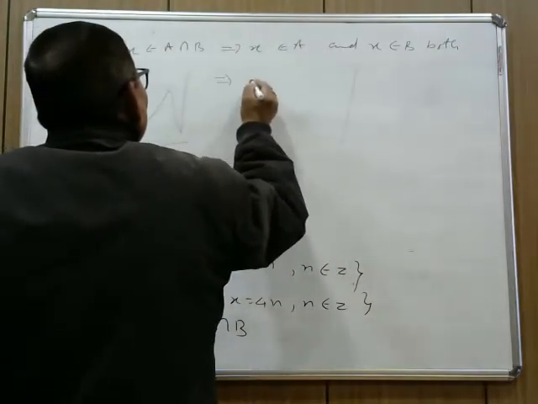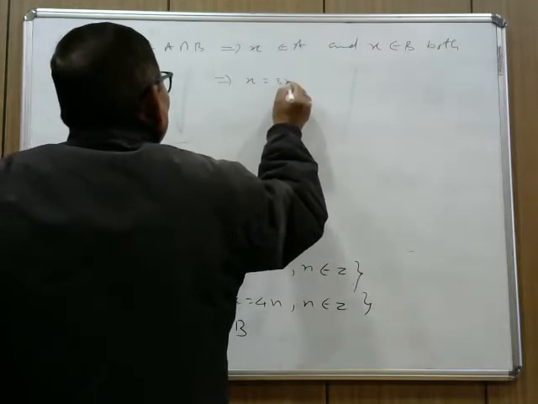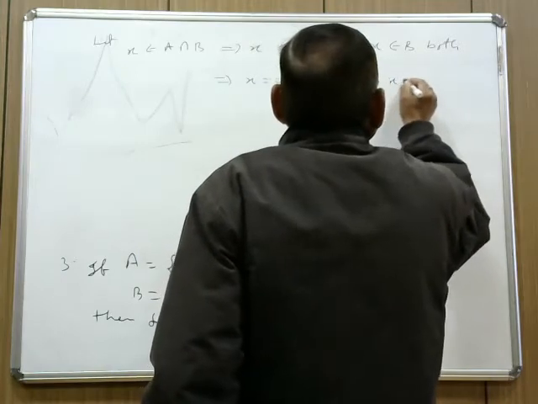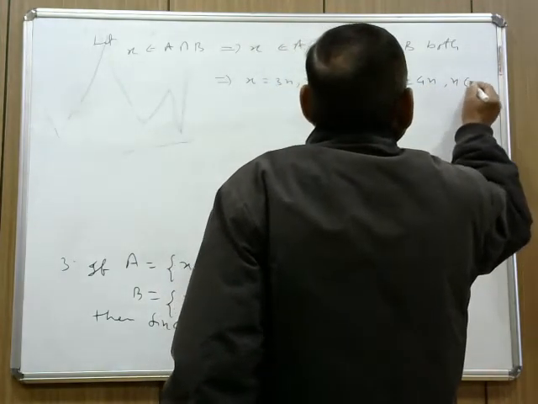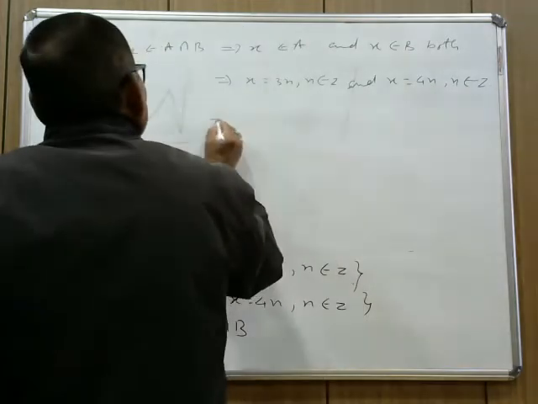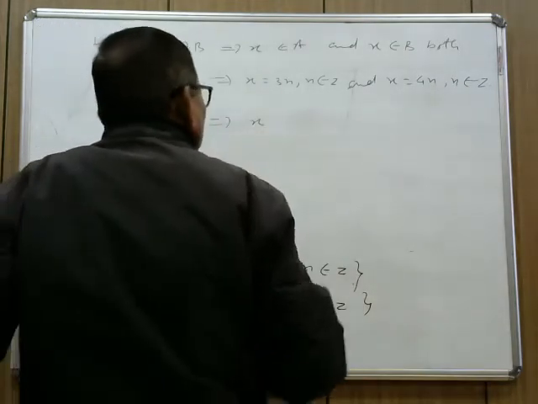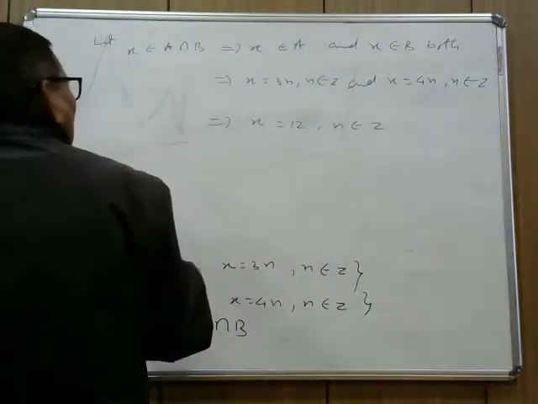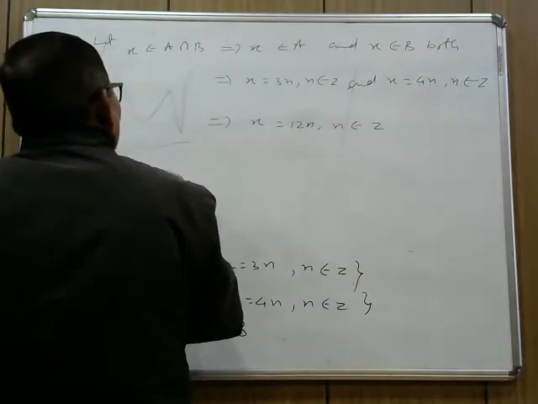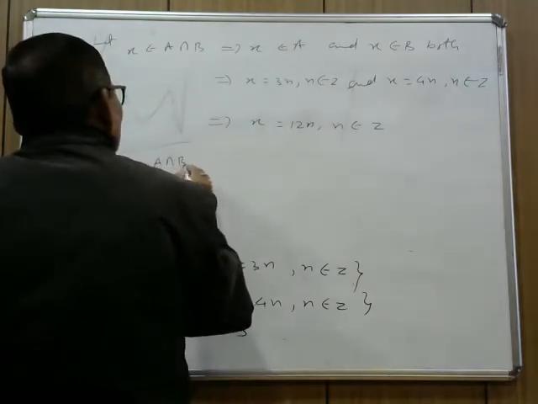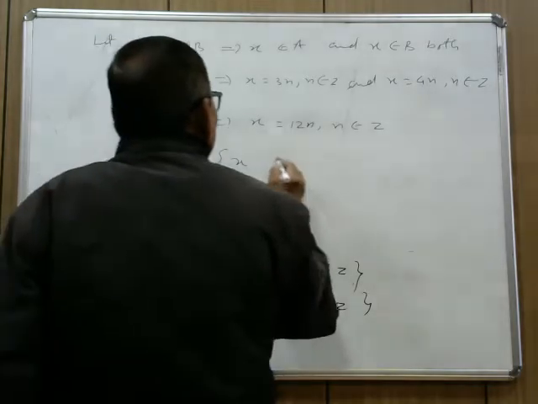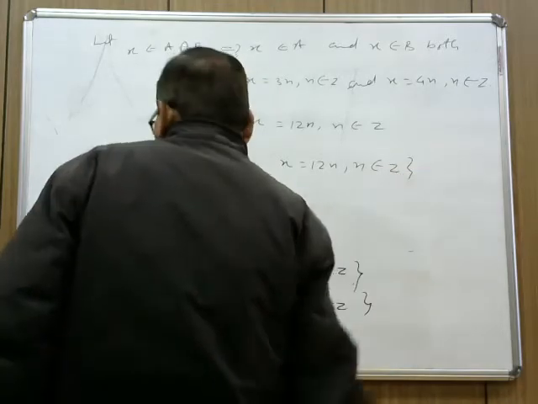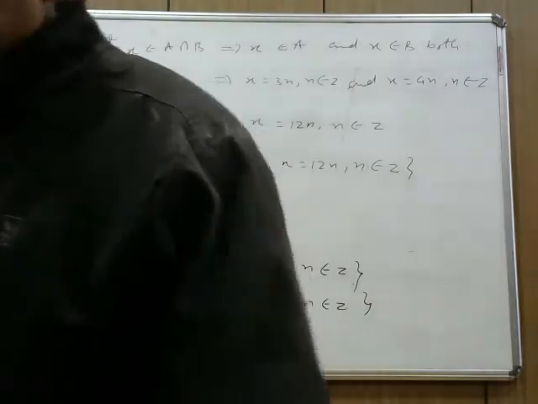This implies that x is equal to 3n, n belongs to Z, and x is equal to 4n, n belongs to Z. So in this case, this implies that x is equal to 12n, n belongs to Z. So here A intersection B is defined as all x such that x is equal to 12n, n belongs to Z. This is the intersection of these two sets.